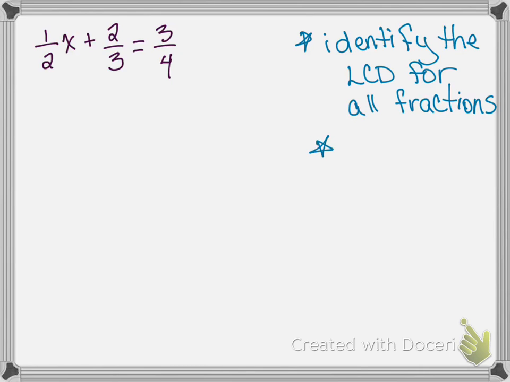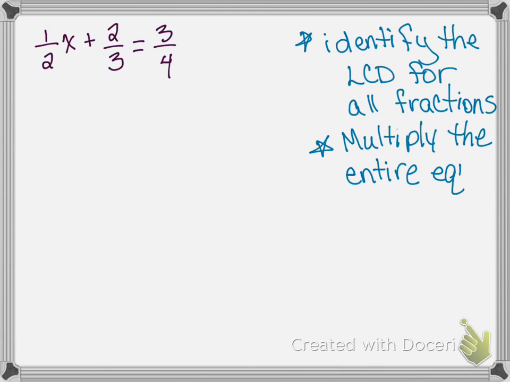Then what we are going to do is multiply the entire equation, so every term in that equation, by the LCD. Okay, so we've already determined that our LCD is 12.